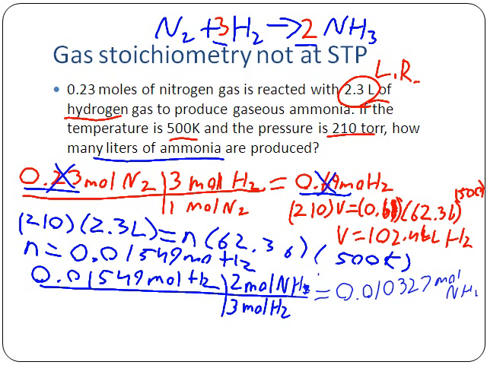But now we have to go back and plug it back into PV equals nRT. So the pressure is 210. The volume here we do not know. That's what we're looking for.